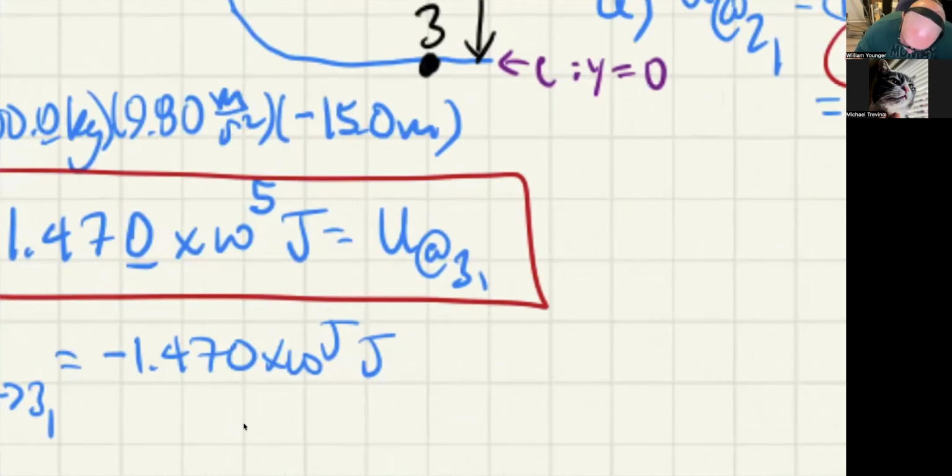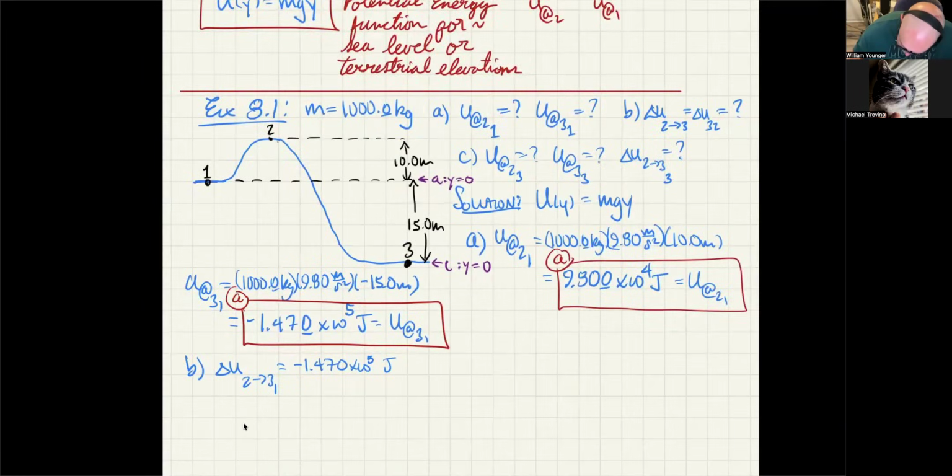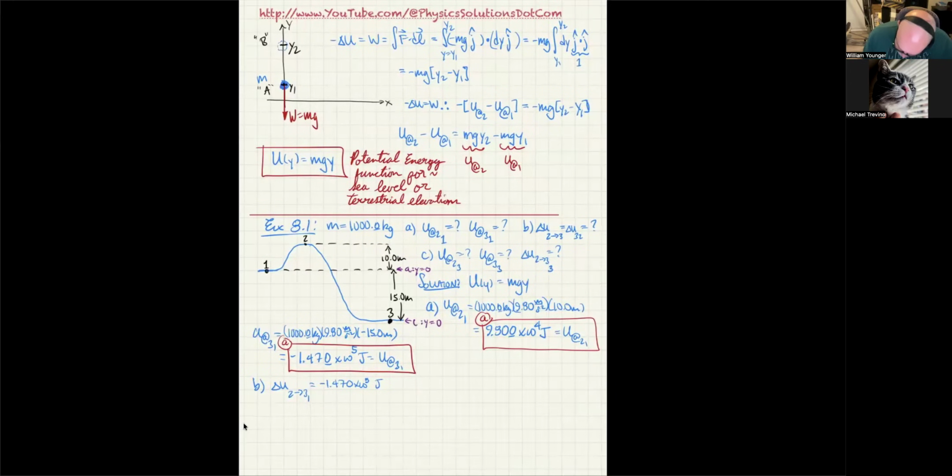And I'm sorry that 5 looks exactly like a J, so I should probably write a little better than that. So it's that. And then I'm going to subtract from that 9.80 times 10 to the fourth joules.